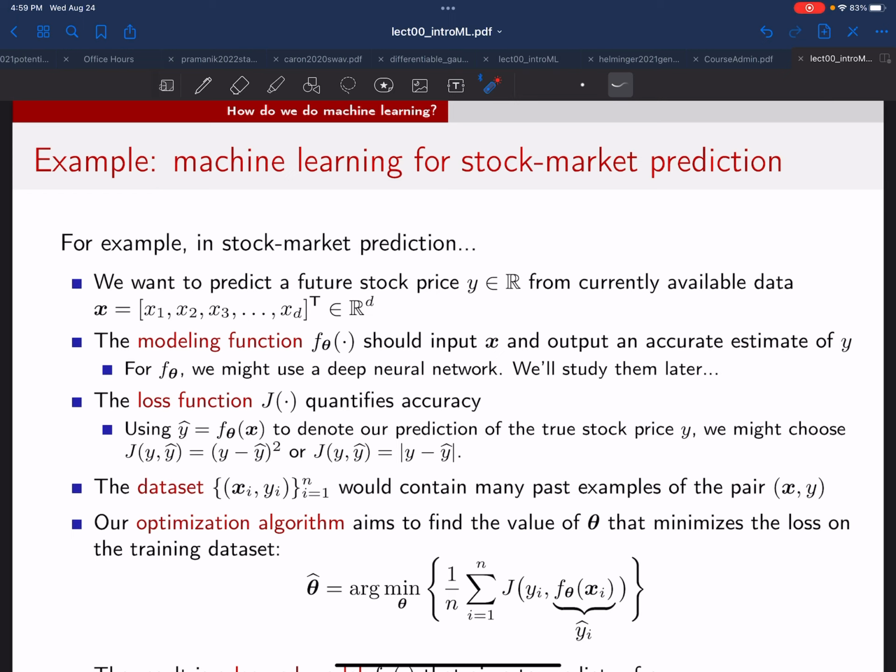They could involve millions of parameters, but there's sort of a recipe to building them. The loss function, again, quantifies the accuracy of our model, how well it's performing. Again, for stock price prediction, we can say that y is the true stock price, y hat is our estimate. Our loss then compares these two things. Typical comparisons are you take the difference and square it, or you take the difference and look at its absolute value.